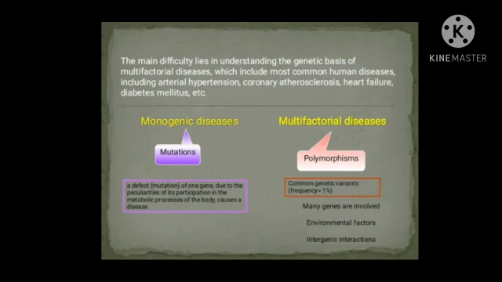Monogenetic disease, what leads to this type of disease? Mutations. If we speak about multifactorial, polymorphism. It may be mutations, but it is a change in the genome or DNA molecule that is not an abnormality.